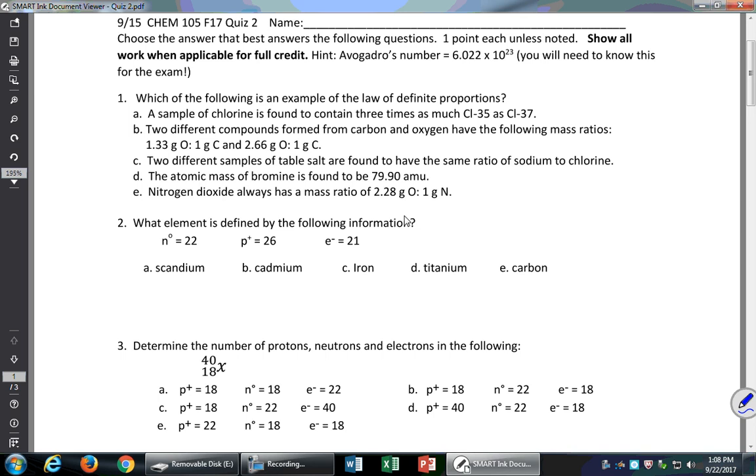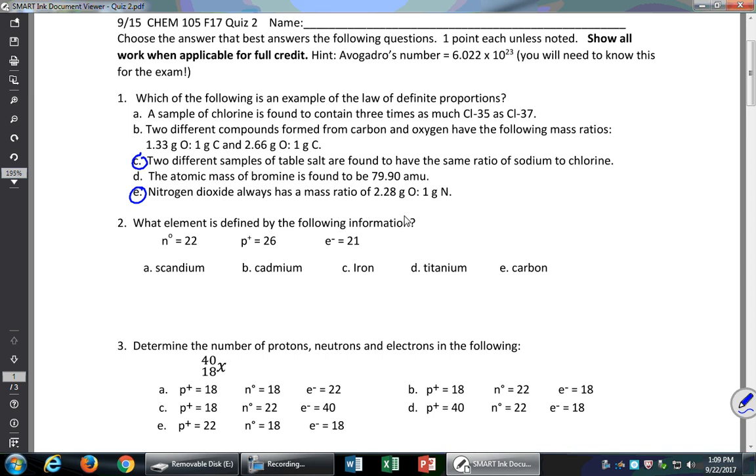B, however, is the law of multiple proportions. If we have 2 different compounds formed from carbon and oxygen, meaning we could have CO and CO2, then if we keep carbon constant, we can compare oxygen and oxygen in each one, because basically the reason why is oxygen has specific bonding patterns and carbon has specific bonding patterns.